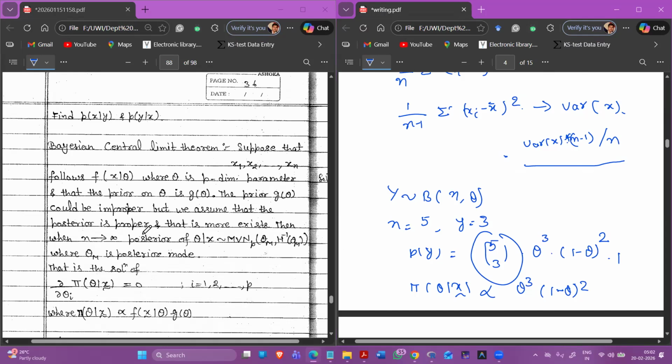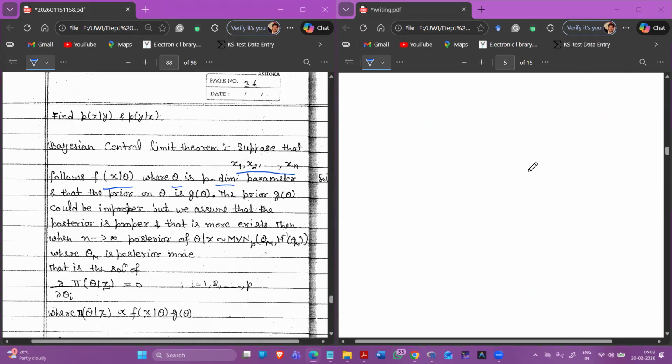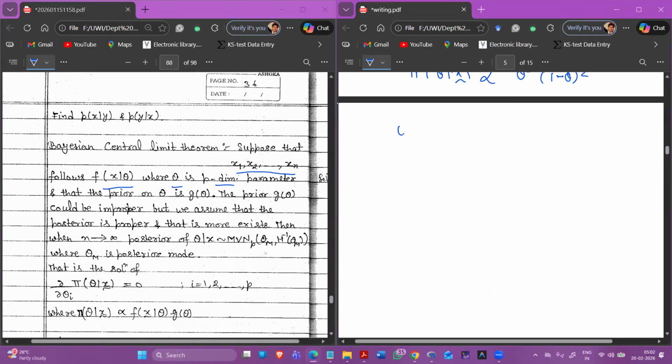Basically it says that suppose x1, x2, ..., xn follows f(x given theta). That is, x1, x2, ..., xn is your random sample that follows any density f(x|theta) with parameter theta, where theta is p-dimensional, meaning you have theta 1, theta 2, up to theta p parameters.